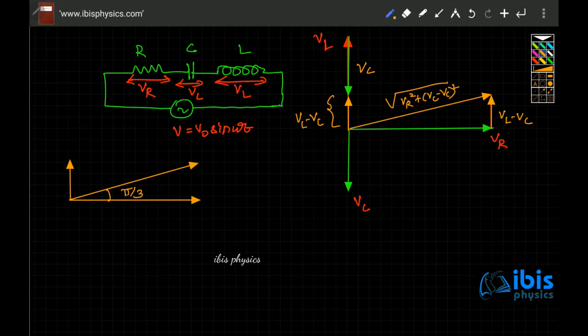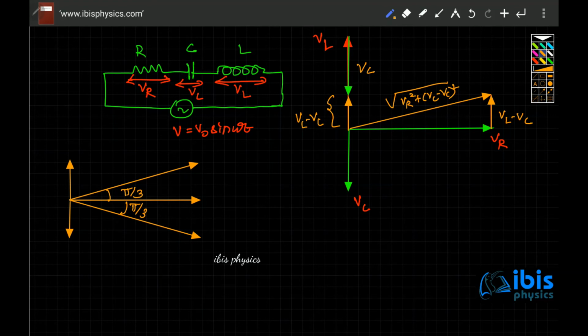When the inductor is removed, only the voltage across the capacitor will be there, and they say that it is again exactly pi by 3 behind. That means both the capacitor and the inductor give the same effect. So when they both are present, they destroy each other.